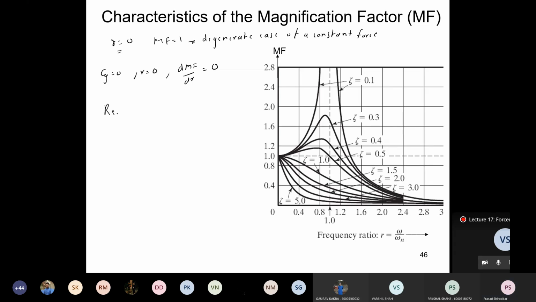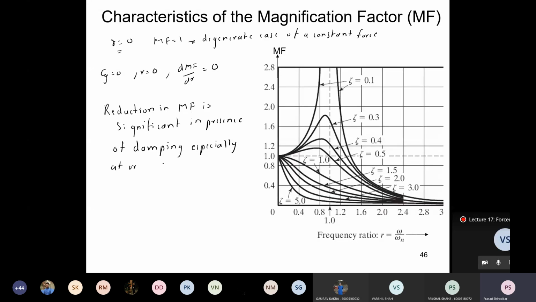Reduction in magnification factor is significant in the presence of damping, especially at or near resonance.